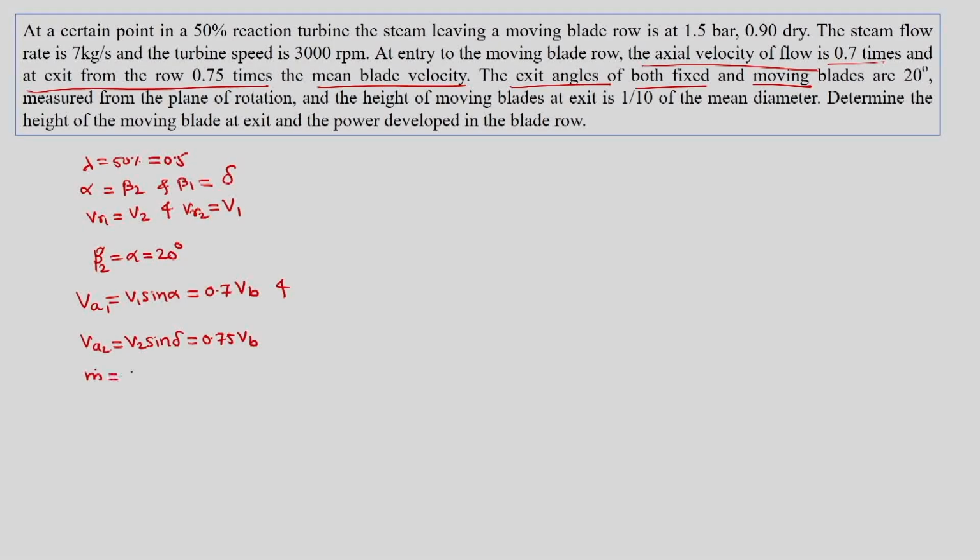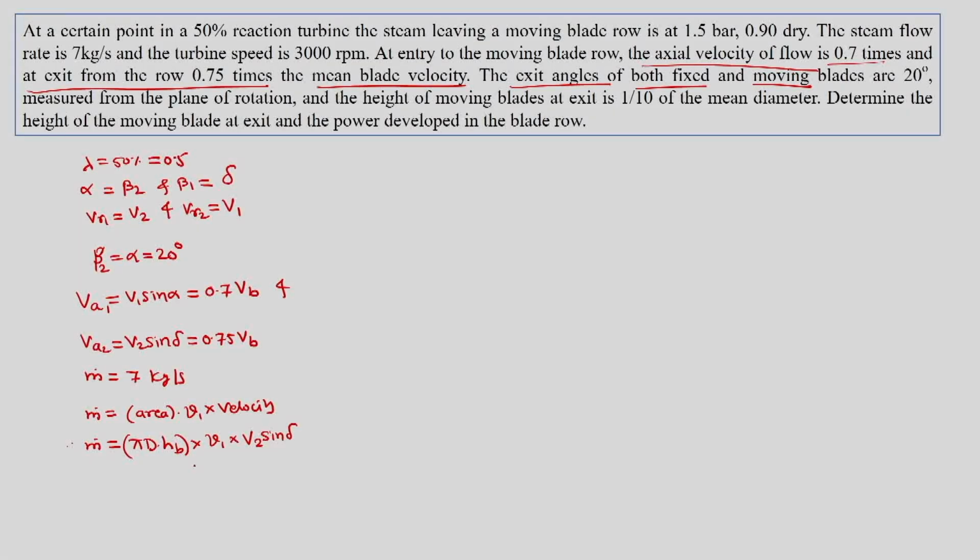Further, it is told that m dot is equal to 7 kg per second. So we know m dot is equal to area into specific volume into velocity. So we have m dot equal to pi d into hb into specific volume into velocity, which is V2 sin delta.